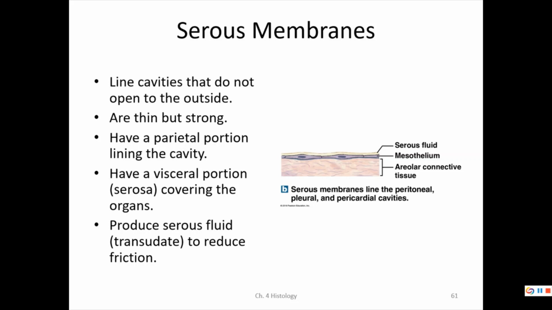Also, there's a visceral portion of it that covers the organs called a serosa. They both produce on their epithelial side a serous fluid called transudate that acts as a lubricant to reduce friction. And when infection happens, these stop producing serous fluid, so this mesothelium here will rub against mesothelium up there, and they'll rub against each other as you breathe, like pleurisy, because you're no longer producing serous fluids.